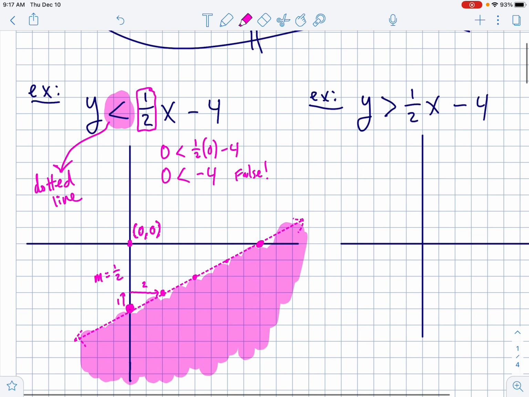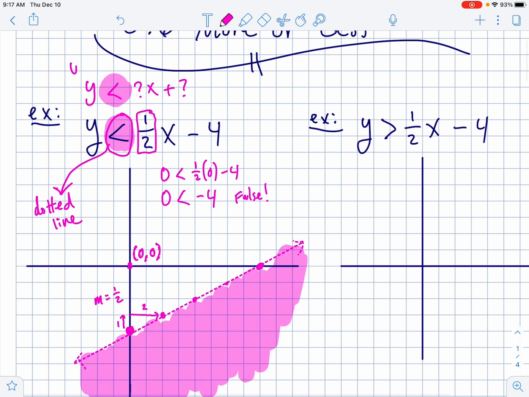The shortcut I want to show you guys is that if your inequality is set up such that the y is on the left, like y is less than something x plus something, then in general, if it's a less than symbol, you're going to shade underneath the line. So let's put a little note about that. This is underneath.